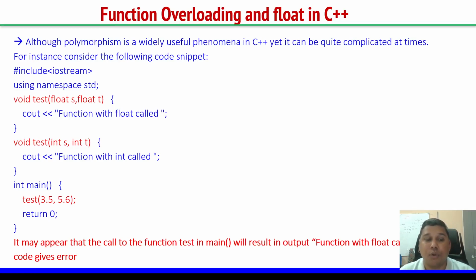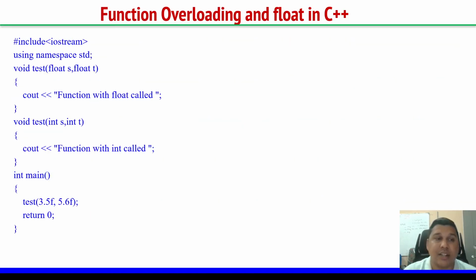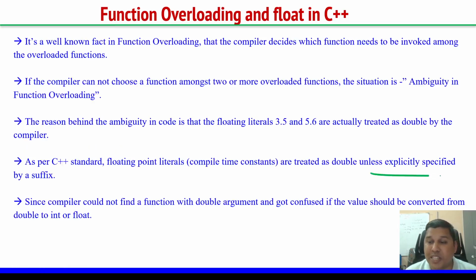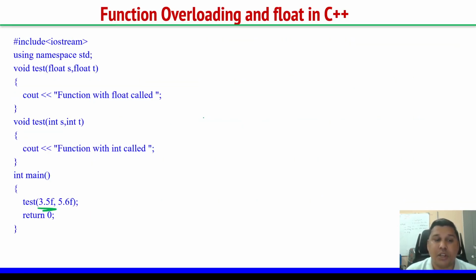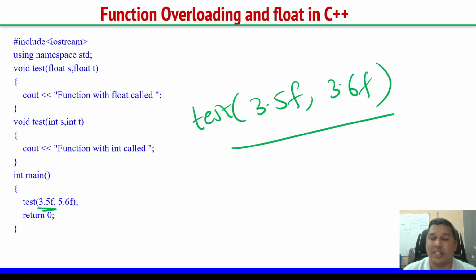The floating point literals will be considered as double in C++. So for that, you have to explicitly specify a suffix. What is that suffix here? F. You have to write test 3.5f comma 3.6f like this.